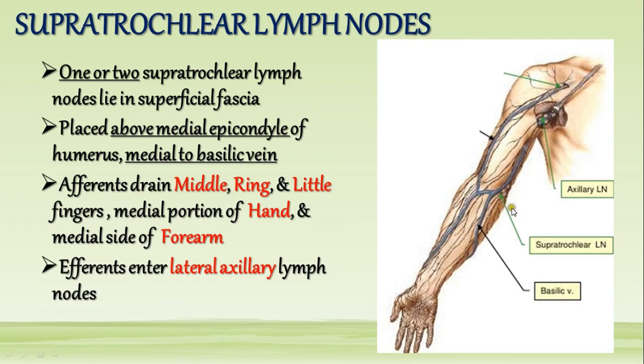These supratrochlear lymph nodes, their afferents drain the middle, ring and the little finger, the medial portion of the hand and the medial side of the forearm, while the efferents from the supratrochlear lymph nodes enter into the lateral axillary lymph nodes.